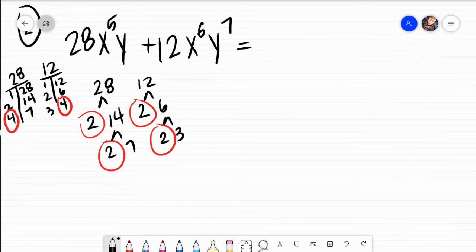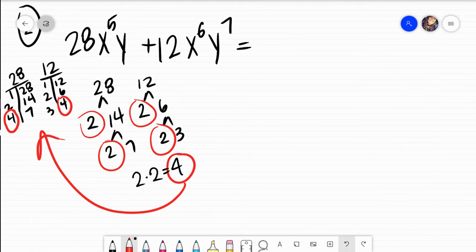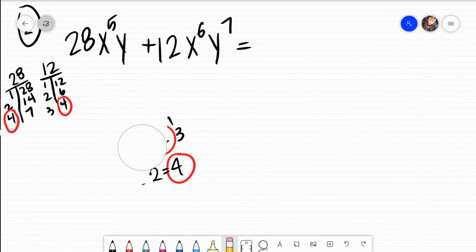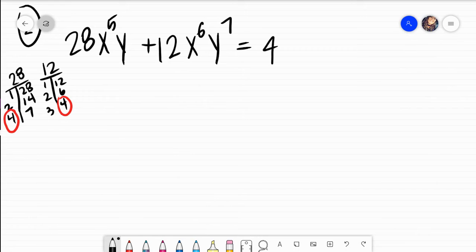Here is where if they have more than one thing in common, you multiply them. What do I get? I get a 4, which is the same as that 4 right here. Okay, so I apologize. I'm going to go ahead and delete this prime factorization right there. I have what my greatest common factor is for the coefficients, which is 4.